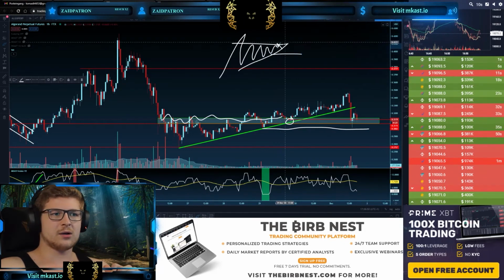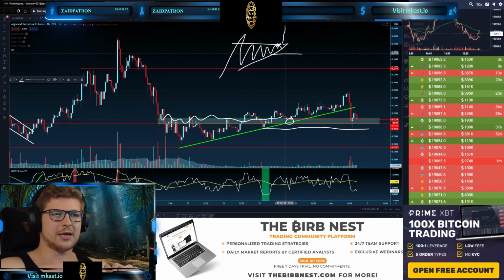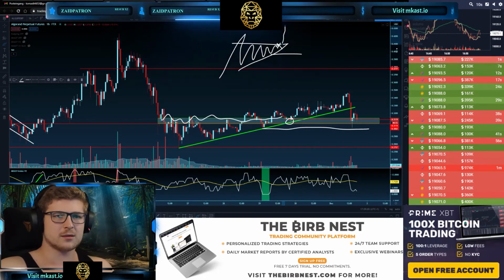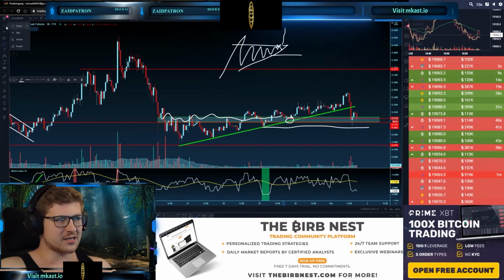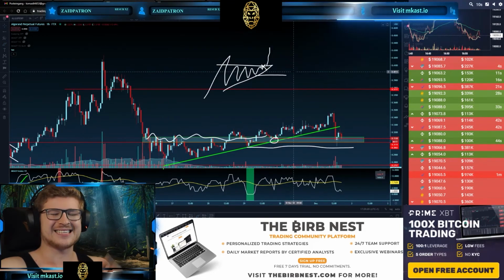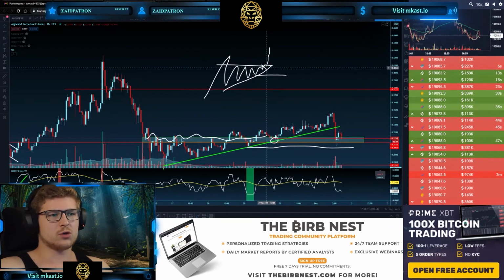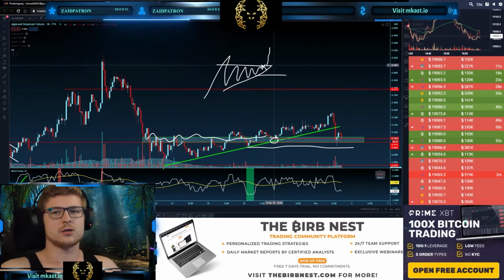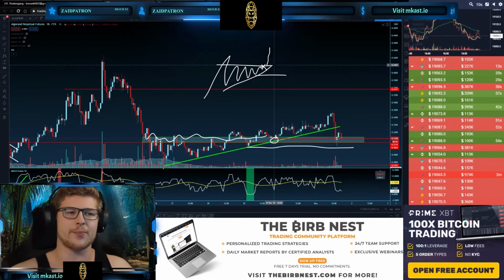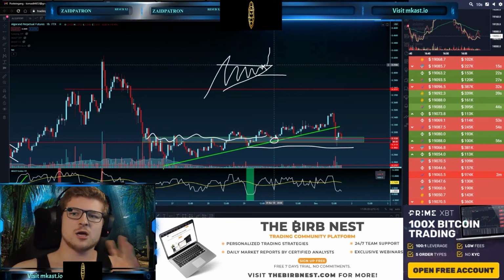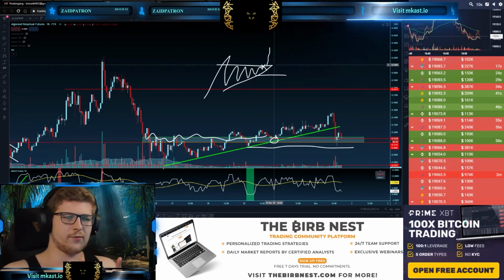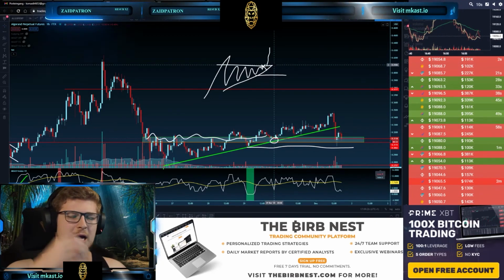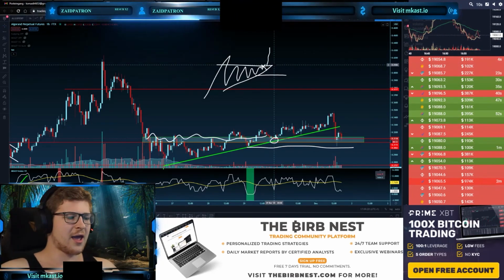You enter right here, and then you let it pump, and then at that point a very tight stop loss as a trailing stop loss really makes sense. But don't forget, most of the time you're just going to be up 2 or 3 candles, and then you're going to be stopped out again. So really, guys, trailing stop losses are a very good thing. Always remember that, but don't put them at the very beginning unless you're looking for a breakout trade.